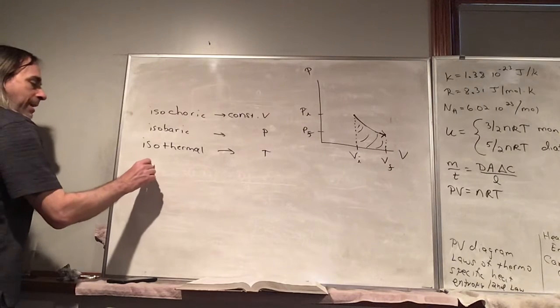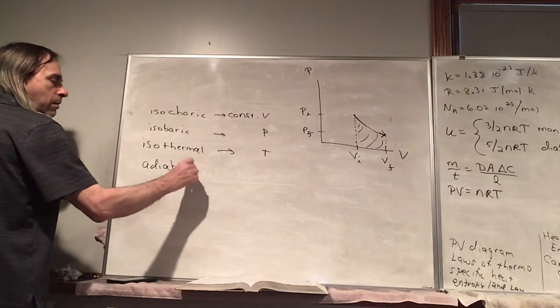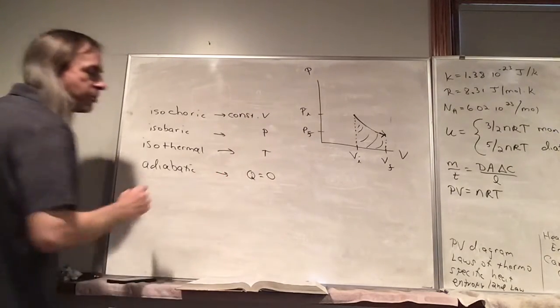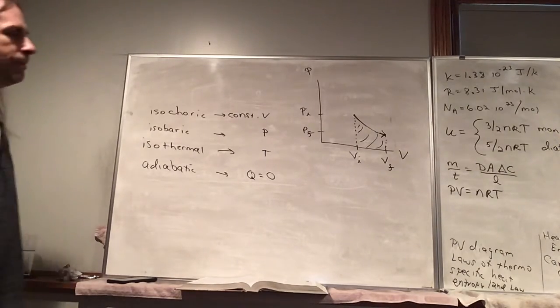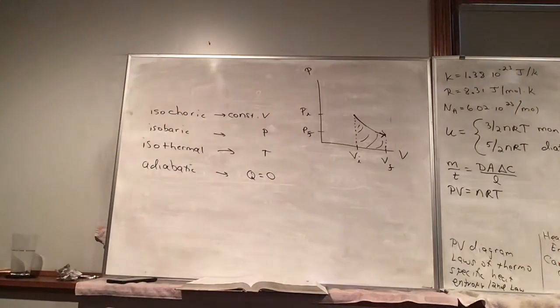Then we have adiabatic, where there's no heat exchange. So typically something that would happen very rapidly. We know heat flow takes some time. And again, the work done is in the equation sheet, so I'm not going to write it down.